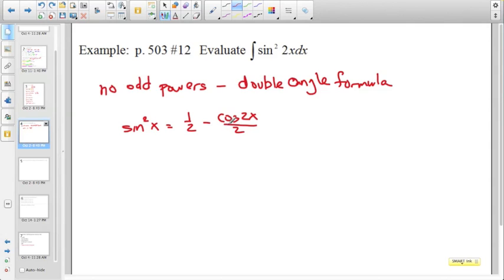And so that's for sine of x. We have sine of 2x. So that being the case, we would have sine squared of 2x, which means everywhere we see an x, we have to replace it with a 2x.